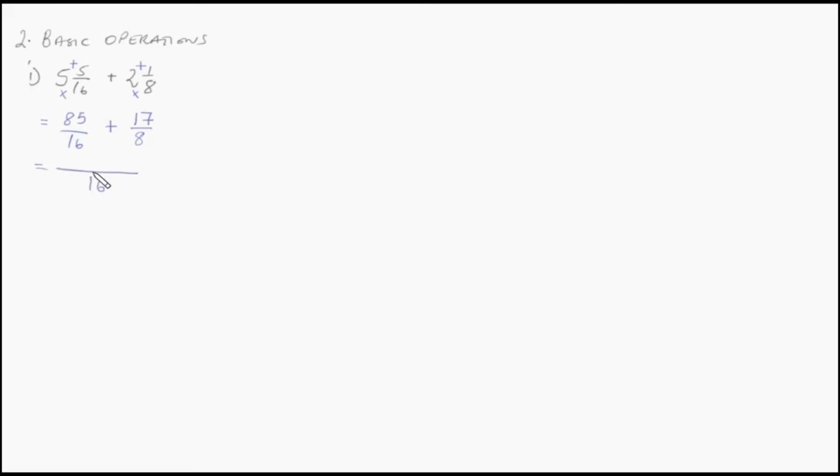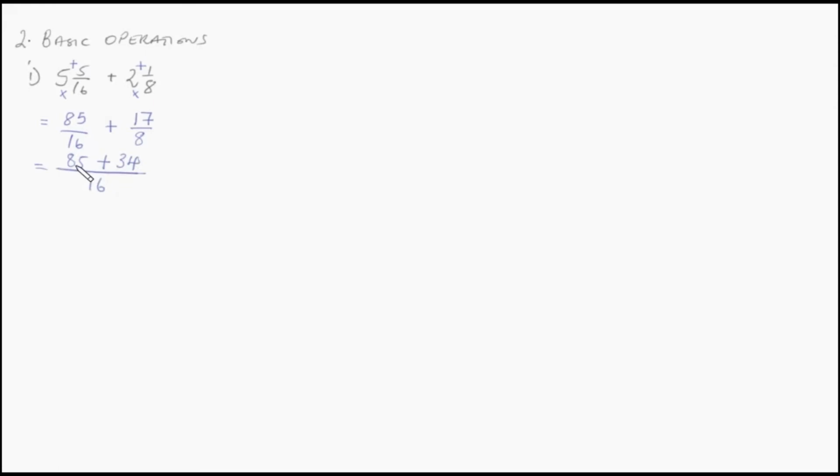So we put it below our line here, and we are going to say 16 into this 16 goes one time. Then 1 times 85 is 85. Then plus 8 into this 16 goes 2 times. 2 times 17 is 34.